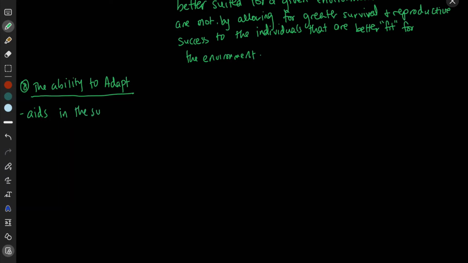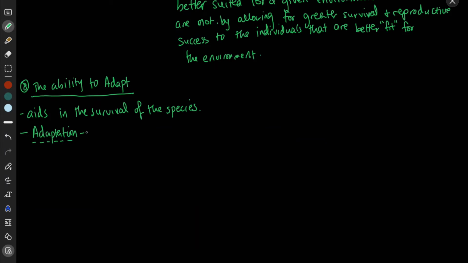So we said the ability to adapt. What do we mean by that? Well, first let's define what an adaptation is. That would be the first thing to do. Adaptation. So what is an adaptation?